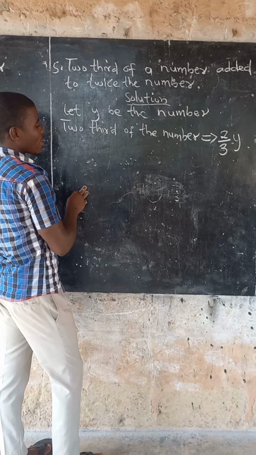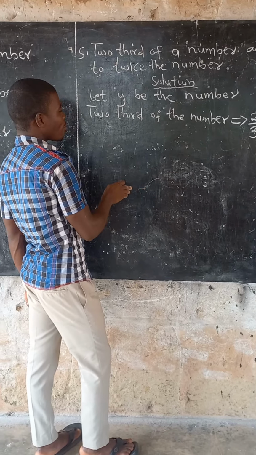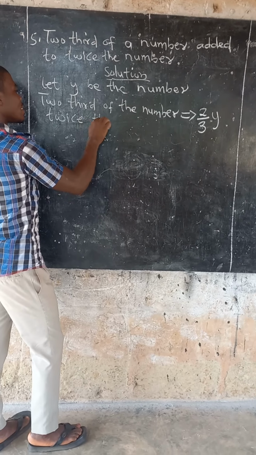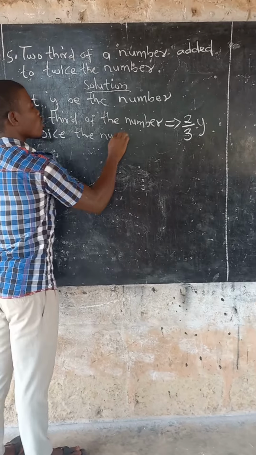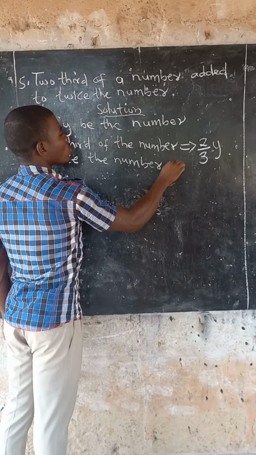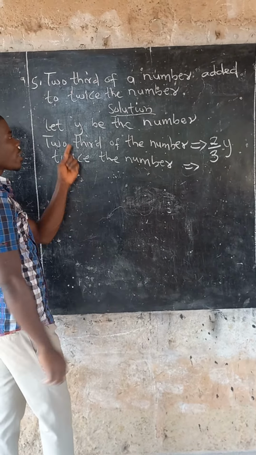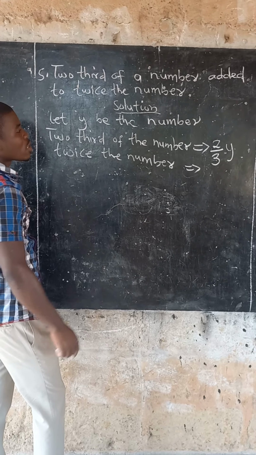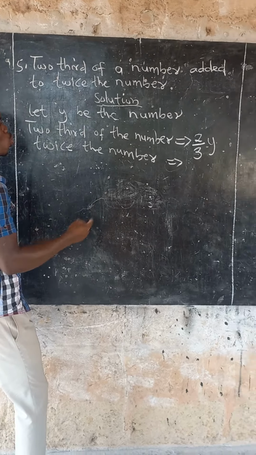Twice the number. You know that the number is y. Twice the number means multiply 2 by the number.